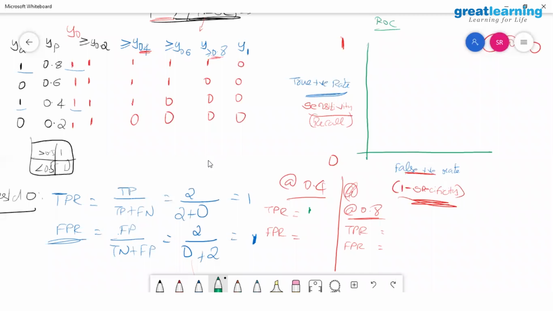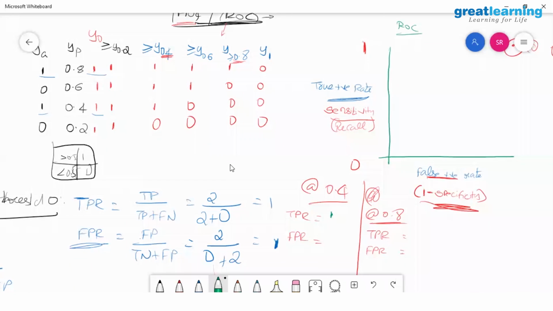Divided by. Truly positive is 2, right? Truly predicted as positive is 2, and 1 and 2. Therefore, 2 divided by 2 plus 1, that will be 2 by 3. How plus 1? 2 plus false negative.